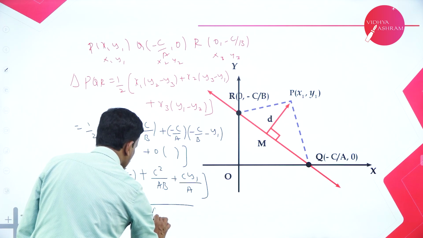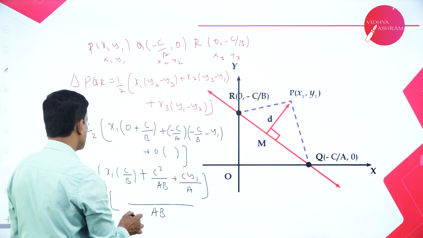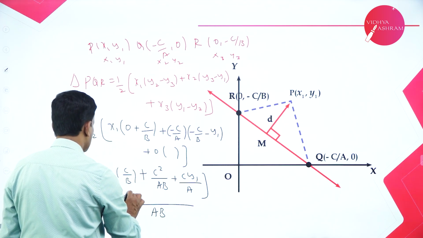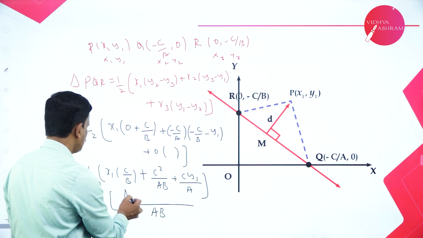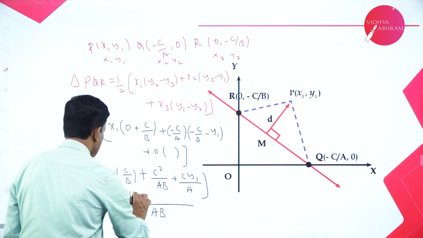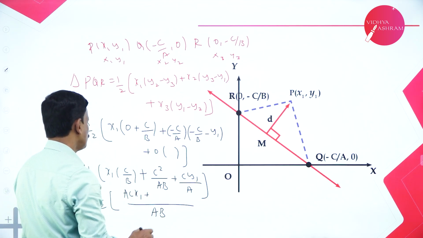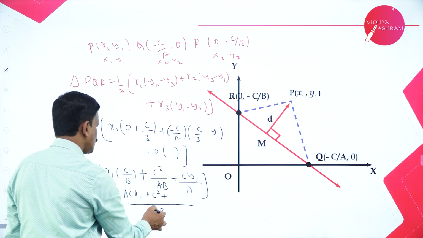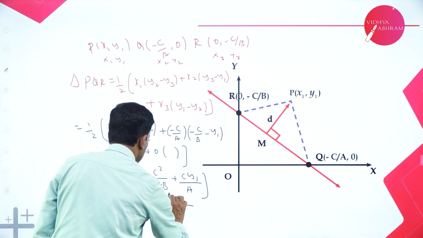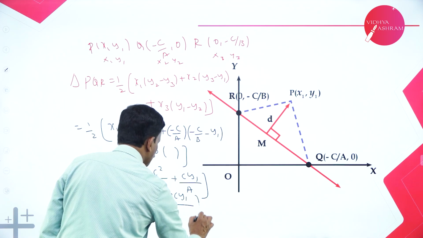AB is the LCM here. So b and b get cancelled. We will get a into c into x1, plus ab gets cancelled, we will get c square. A and a get cancelled, we will get bc into y1.